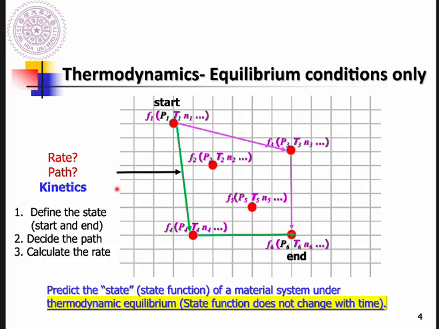The first one is you need to define the starting and ending states you are interested in, based on thermodynamics, equilibrium conditions. As long as you do that, then you decide which path you are going to choose. Then you can calculate or estimate the corresponding rate for the specific path you choose. So this is the whole story about the relationship between thermodynamics and kinetics.